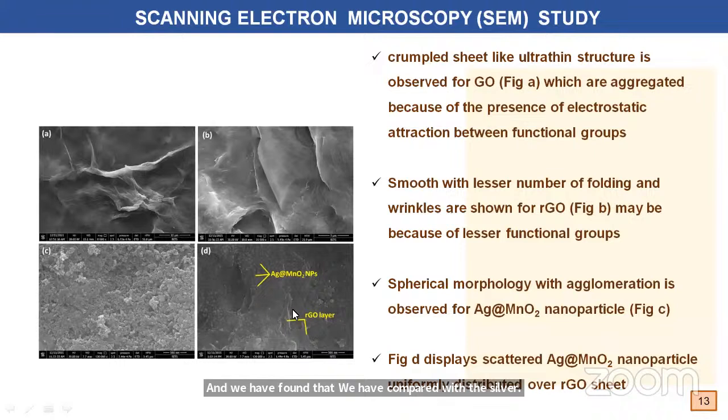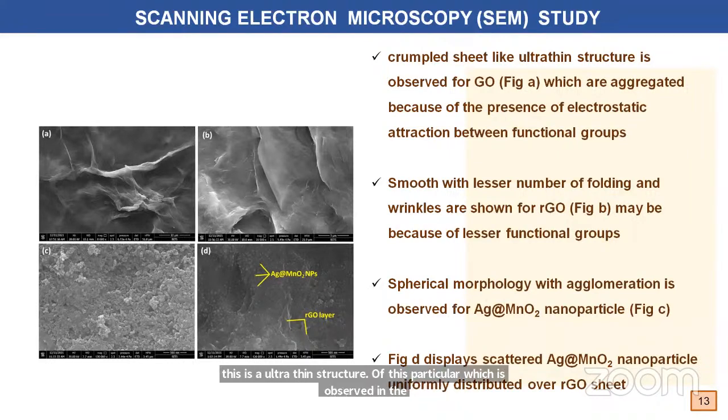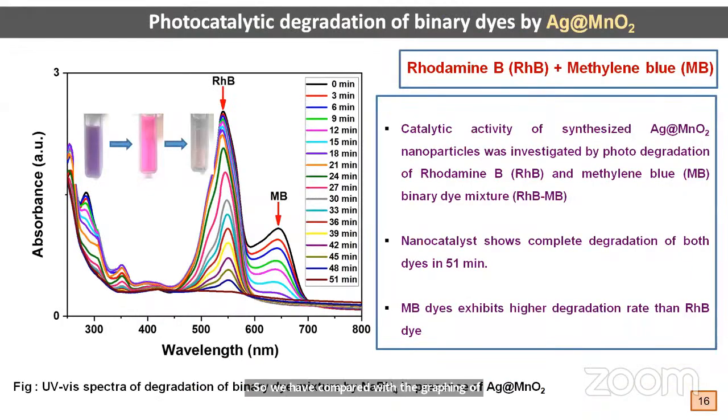It is being formed very nicely. So whenever a sheet of graphene oxide layer is formed, there is an electrostatic attraction between the functional groups. So this is an ultra thin structure which is observed in the graphene oxide. So we have compared the graphene oxide and the RGO.